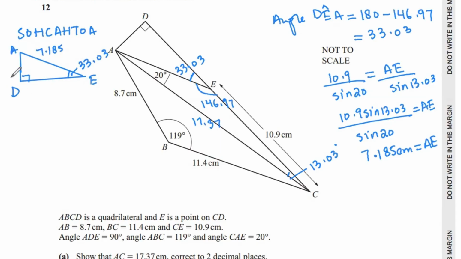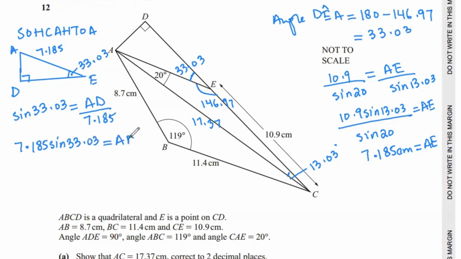So to find AD, we'll use sine, because that's the opposite. Sine 33.03 equals AD over 7.185. So 7.185 times sine of 33.03, and that gives us 3.91 centimeters for AD.